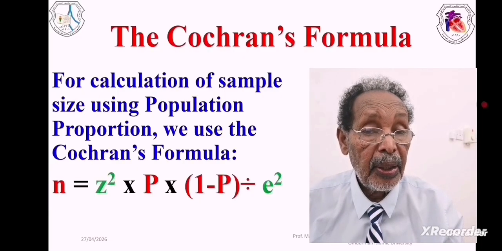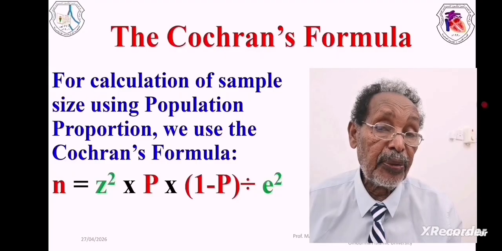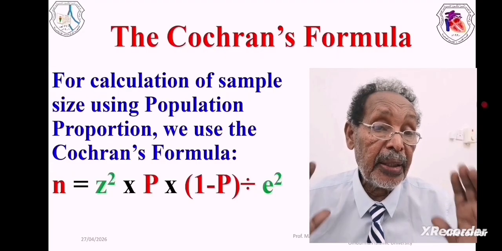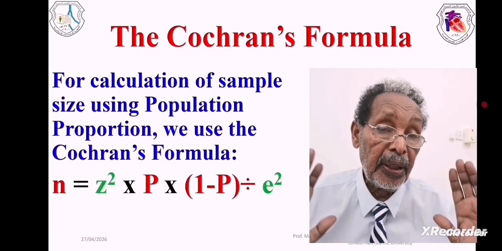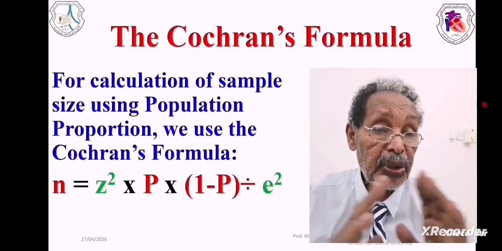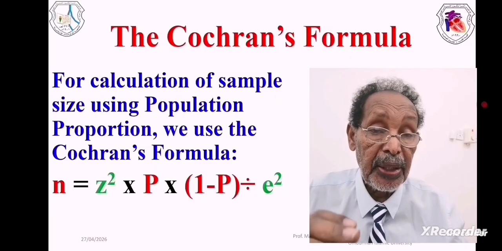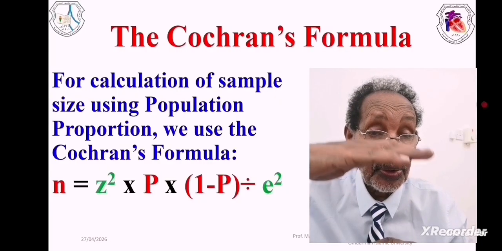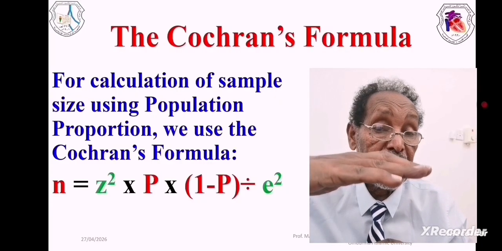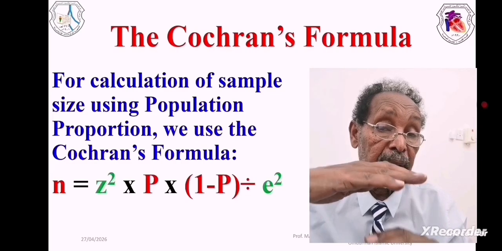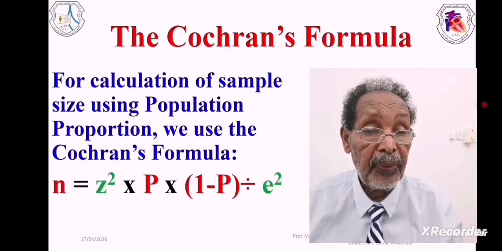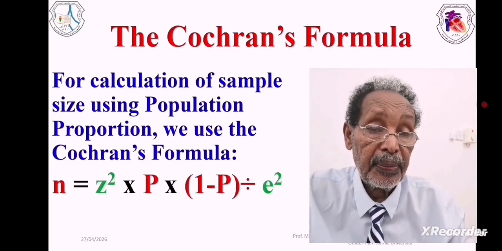P is the proportion. We get it from the study, or we can take it liberally as 50%, because it gives wide variation and a very big sample size. You see, it is in the numerator on top. If it is 50%, the calculation will give a very big sample size.